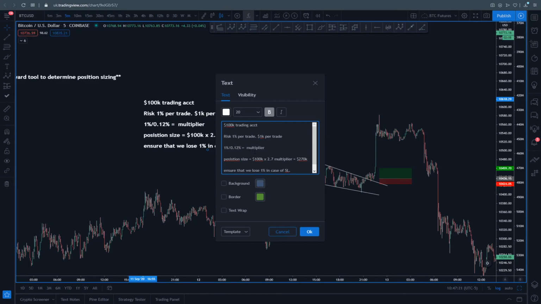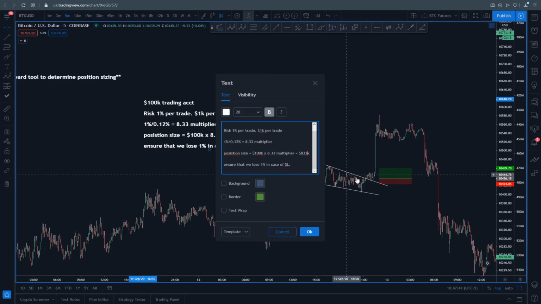And so if we do 1% divided by 0.12, we get 8.33. So we can use 8.33x our account balance. So change that to 8.33 and we get a position size of $833,000 for this position, and still only risk 1% of our account balance if it hits our stop loss.